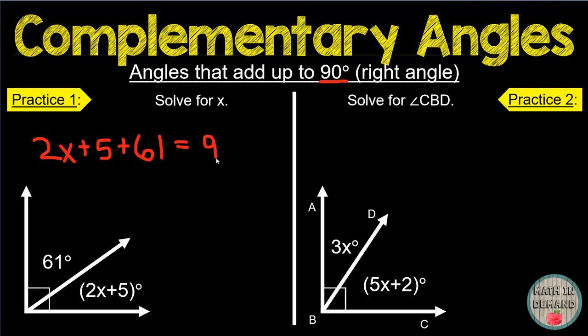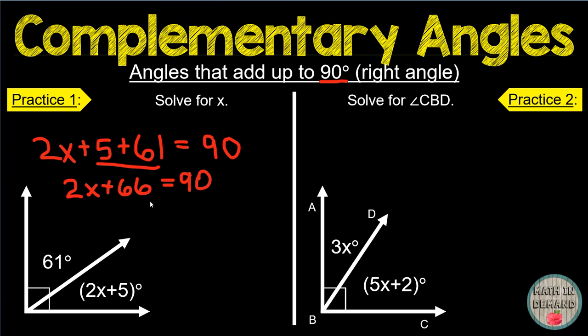So I'm going to set that equal to 90. Here I can combine these two because they are constants. But first I'm going to bring down 2x, positive 5, positive 61. I will add those and I will get 66. Bring down my equals, bring down 90.